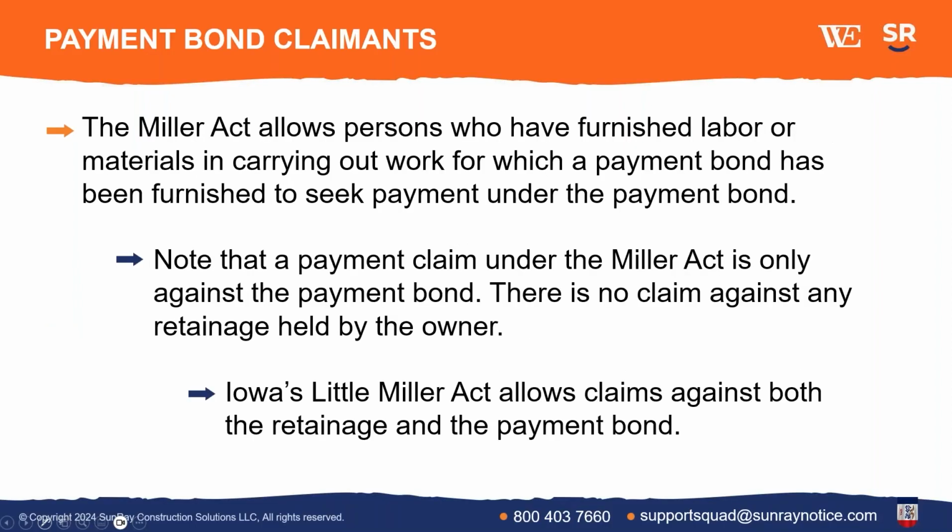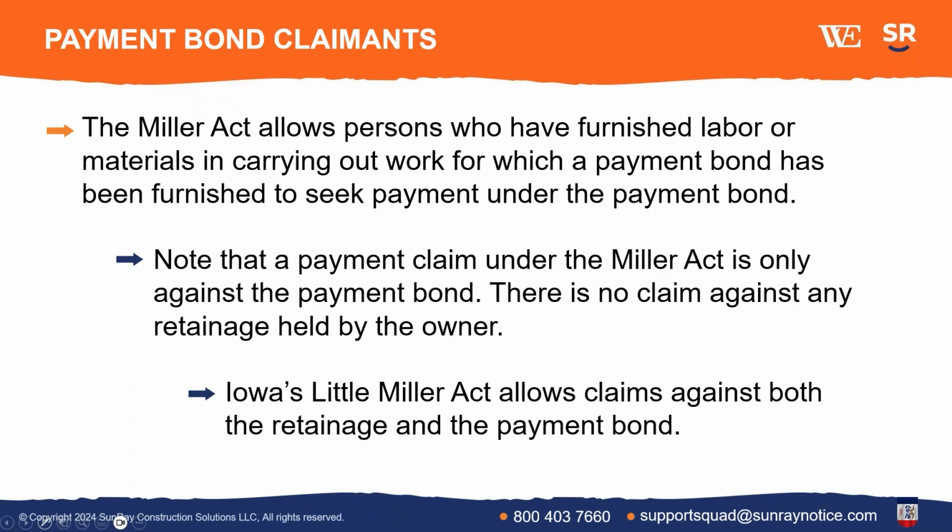Okay, next we're going to shift gears now and talk about payment bond claimants. Again, this is the main area that we're going to talk about. This is where there's the most litigation under the Miller Act. The Miller Act allows essentially the subcontractors who furnish labor and materials to seek payment under that bond.